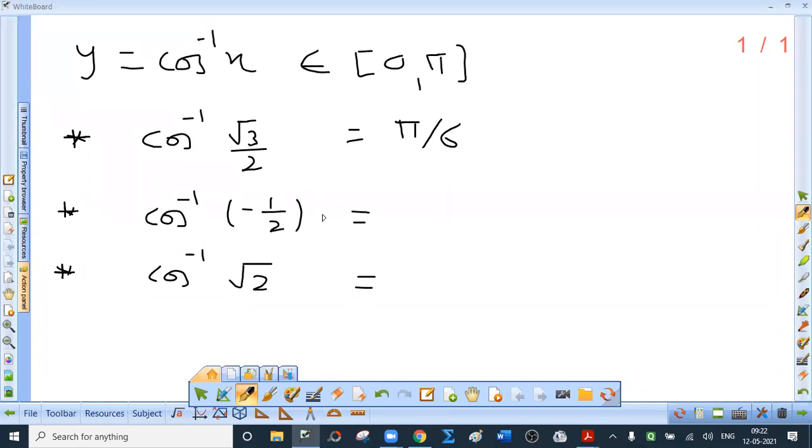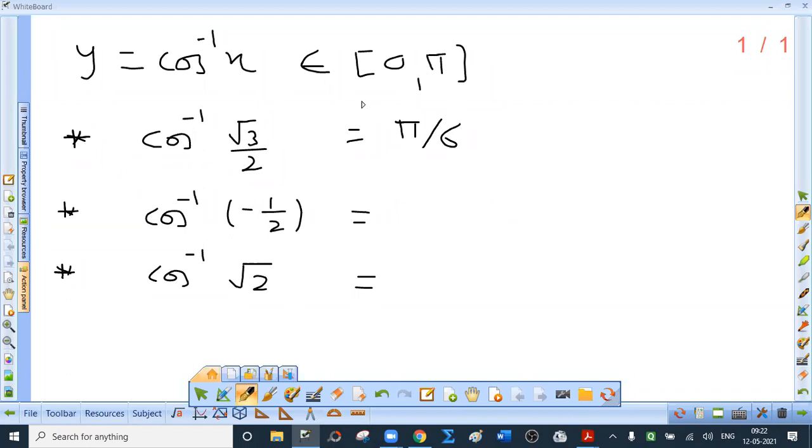Now cos inverse minus half. Some students have written minus pi by 6. No, cos of minus theta is basically cos theta, right? So how can you say minus pi by 6? And again, your answer should belong to this interval. Now you should know that cos of pi minus theta is nothing but minus cos theta.